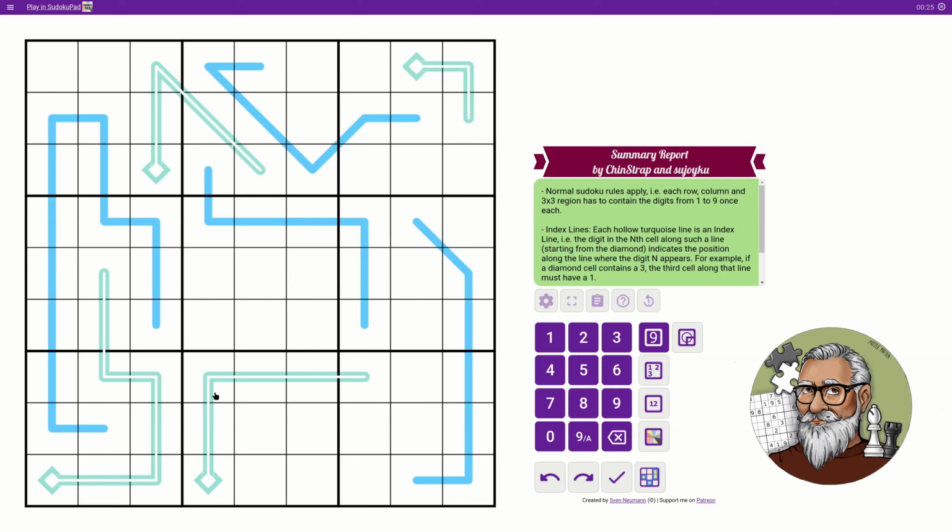In other words, the digit in the nth cell along such a line, starting from the diamond, indicates the position along the line where the digit n appears. For example, if a diamond cell contains a 3, then the third cell along that line must have a 1. So because the first cell contains a 3, it's indicating that the third cell has a 1.